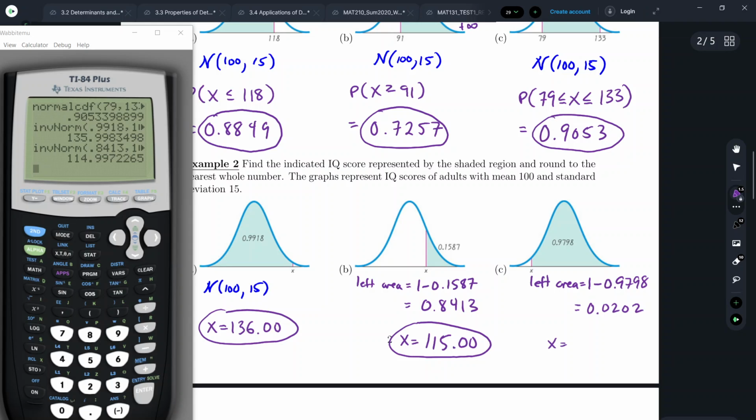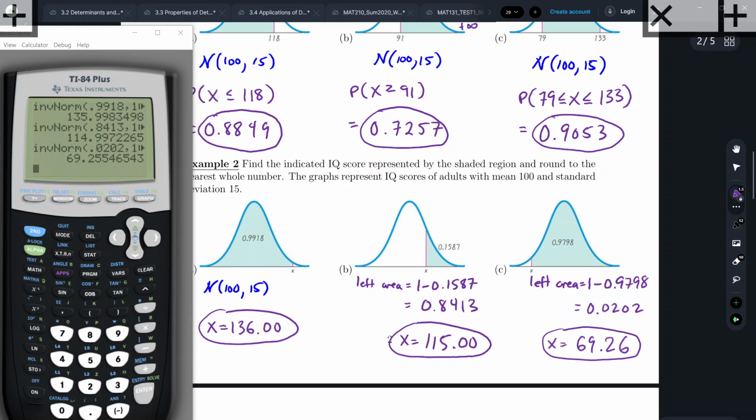And now I can calculate using the inverse norm command. So 0.0202 for the area. The mean is 100. The standard deviation is 15. So I calculated 69.26 as this x value here.